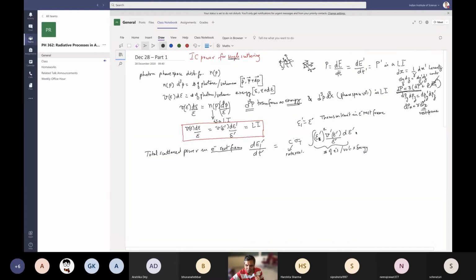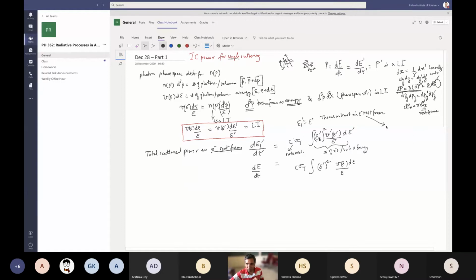Now this is a Lorentz invariant, and we know that power is also a Lorentz invariant. So this is dE by dt, and this is equal to c sigma T integral of epsilon prime squared V epsilon d epsilon by epsilon.